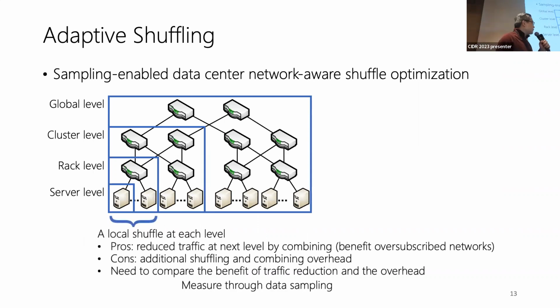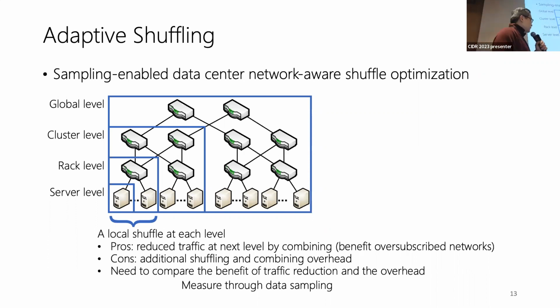And interestingly, we found that there are trade-offs. You can always do combination at every single level, but a lot of times it generates a lot of overhead. And if your network is not oversubscribed, so you have sufficient bandwidth, then the additional compute resources that you put in to do these different levels of combining may actually backfire.